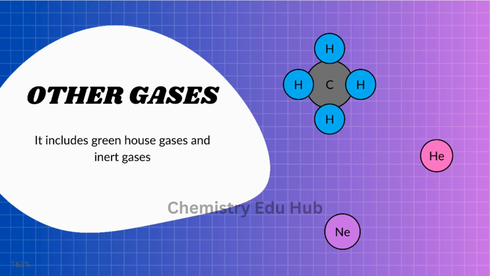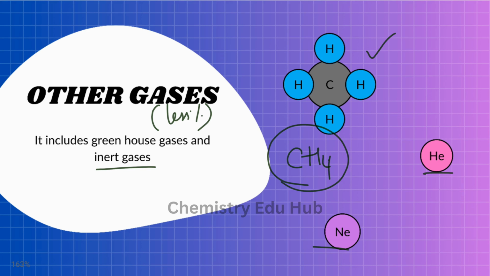There can be some other gases apart from all these gases which make up a very small percentage of air. Those are the greenhouse gases or pollutants, and some other inert gases as we already discussed: helium, neon, krypton, xenon, etc. The other important gas is methane, CH4, which is a natural gas.